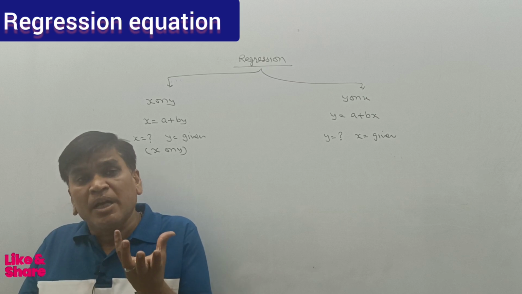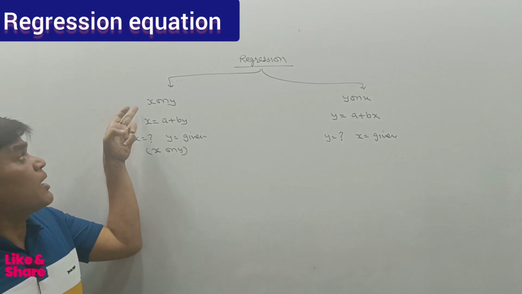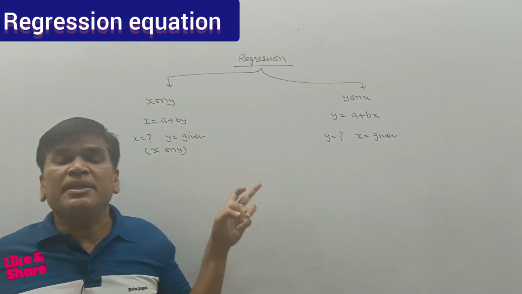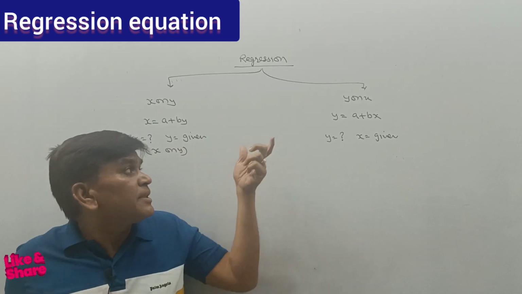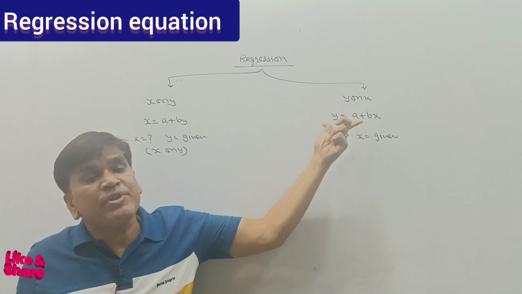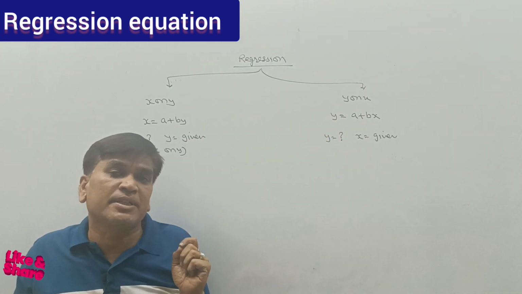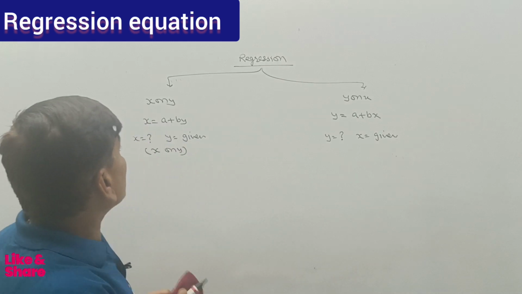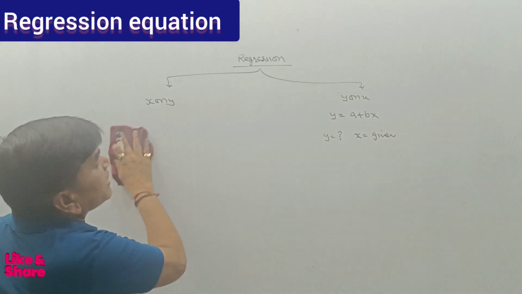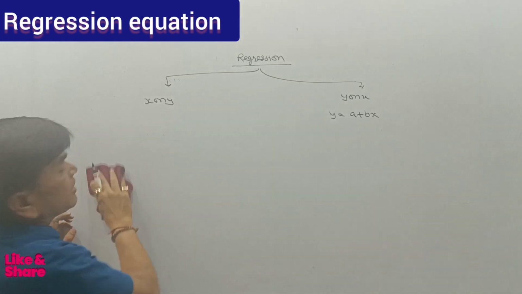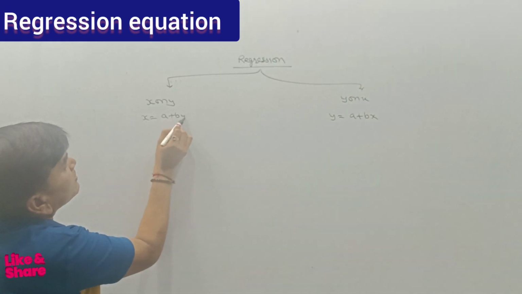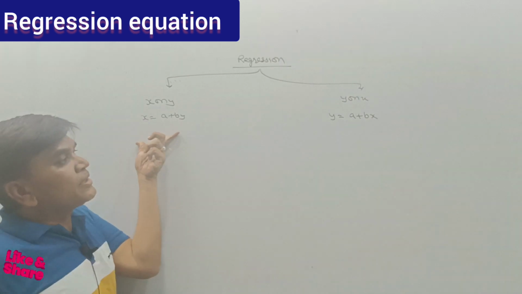So in such a case we have to calculate y on x. It means the unknown variable we have to keep first and the known variable second. So this is a linear equation. For getting x on y and y on x, there is a formula: x is equal to a plus by is x on y, and this is y on x.